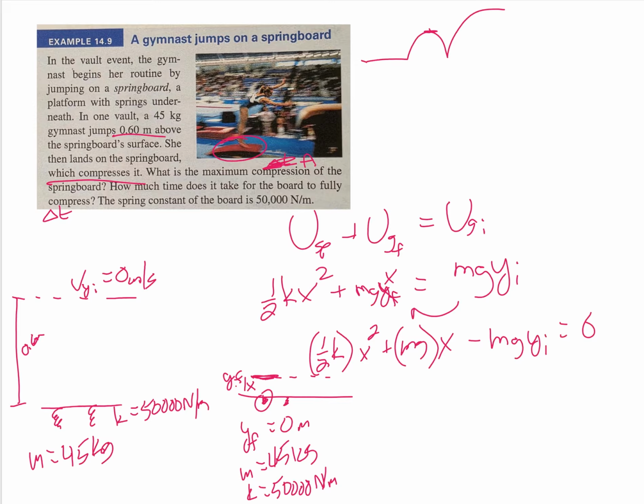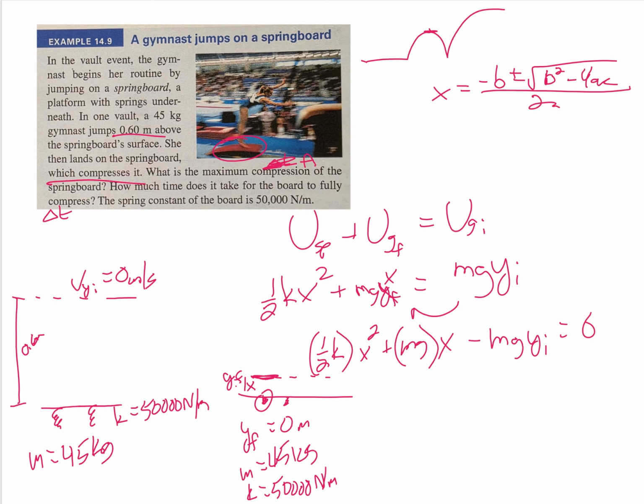So I have a quadratic form here. So to solve this, I could use the quadratic equation. The quadratic equation, remember, is x equals negative b plus or minus the square root of b squared minus 4ac, all divided by 2a.